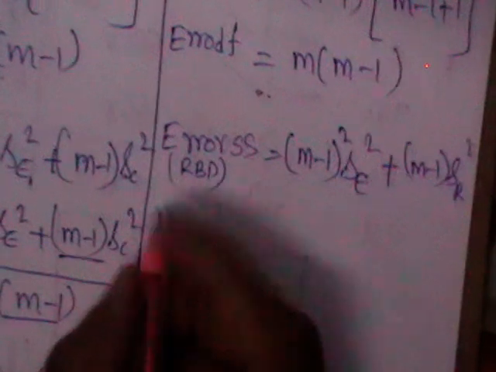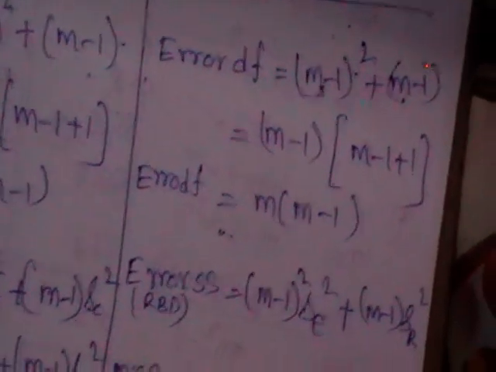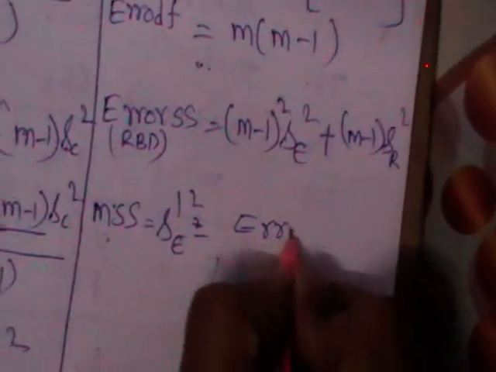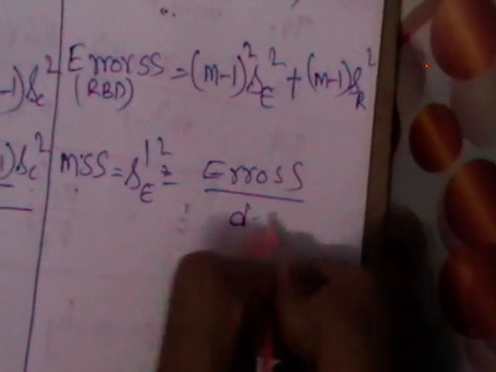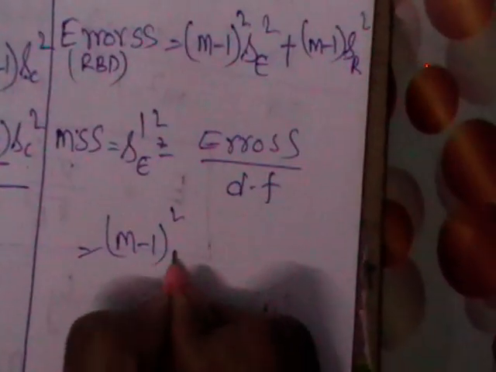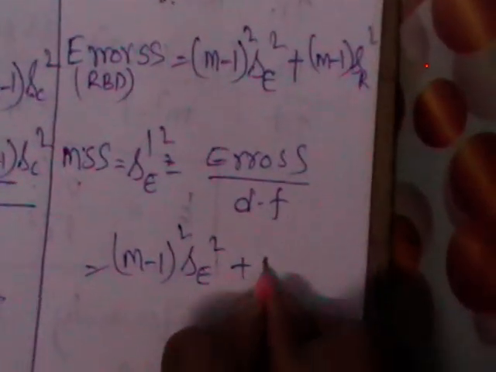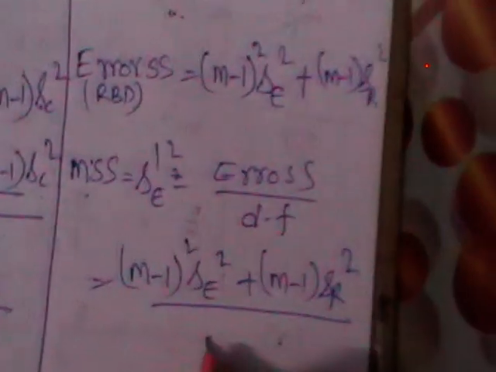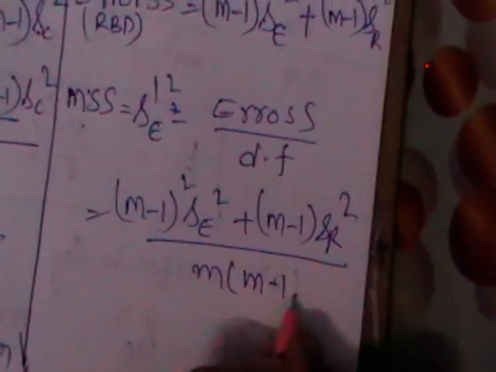What is the mean sum of squares here? Again we write this as S dash square, which is error sum of squares by degrees of freedom. That is m minus 1 whole square into SE square plus m minus 1 into SR square, divided by its degrees of freedom, m into m minus 1.